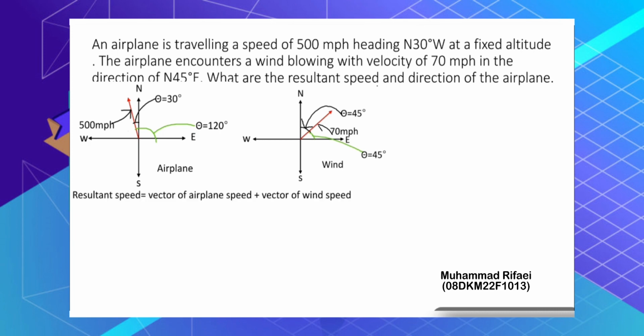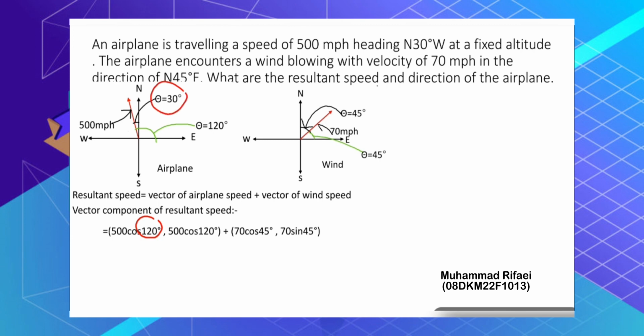So let's calculate the resultant speed. To get the resultant speed, we must add the vector of the airplane speed and the vector of the wind speed. So let's calculate both of them. If you notice here, I use 120 degrees instead of 30 degrees because I use the real angle just like we do in trigonometry. And I do the same for the wind, I use 45 degrees. Okay, so let's continue.